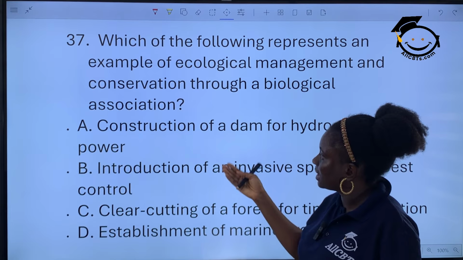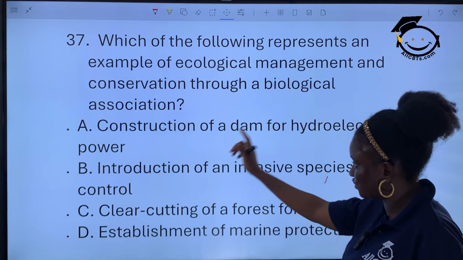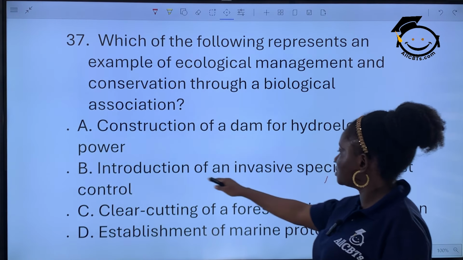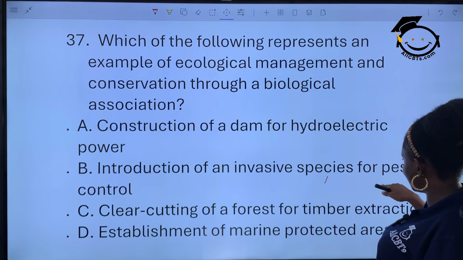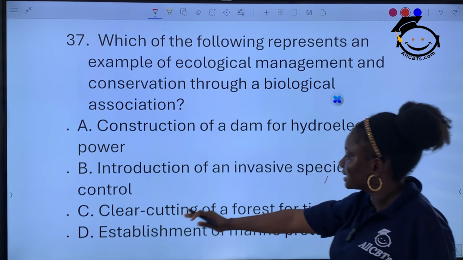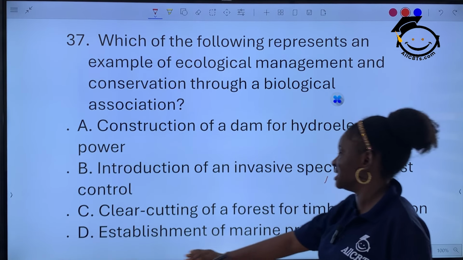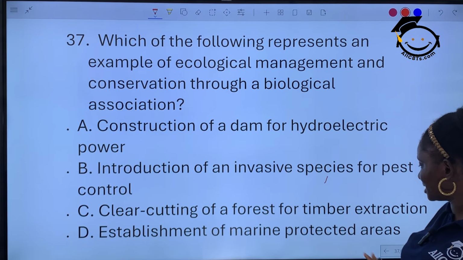So let's see, option A, construction of a dam for hydroelectric power. B, introduction of an invasive species for pest control. C, clear cutting of forests for timber extraction. D, establishment of marine protected area.